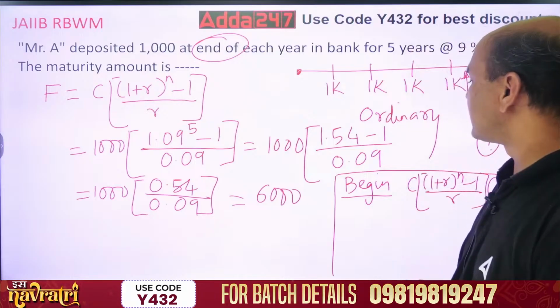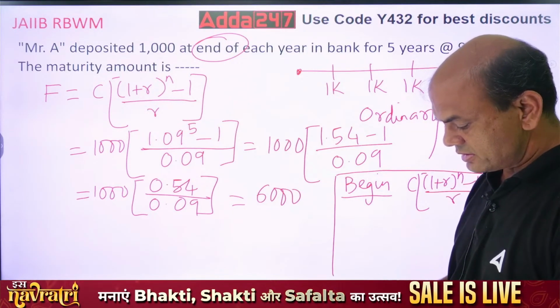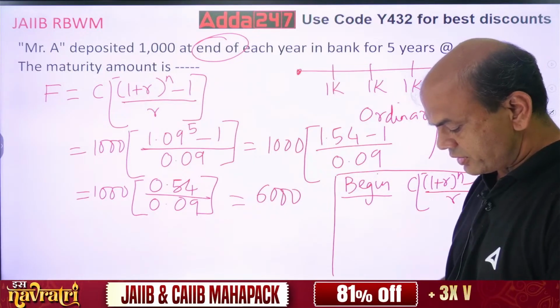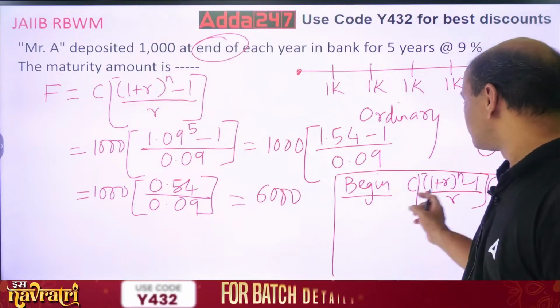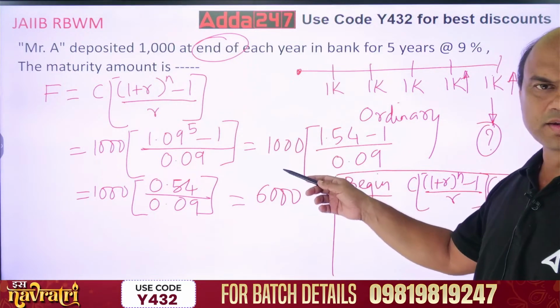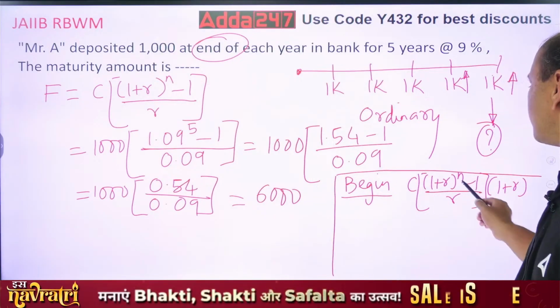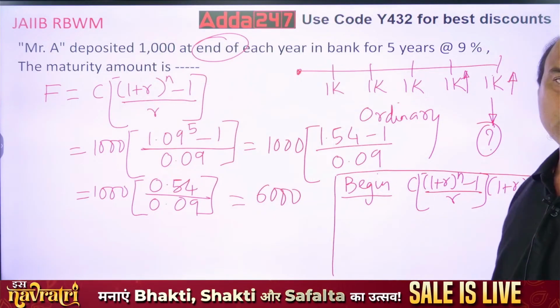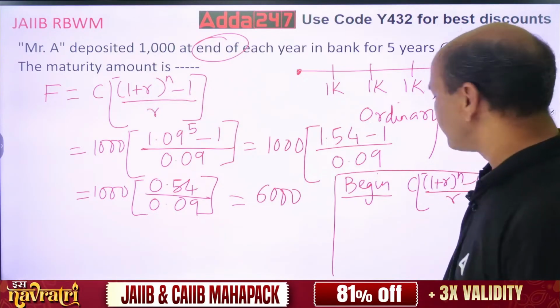What was the earlier answer we got? 6000, isn't it? So 6000 into 1.09. You can do your own solution again, and the same thing you will get. So this answer 6000 into 1.09. Do it, everyone. So that's coming out to be 6540.